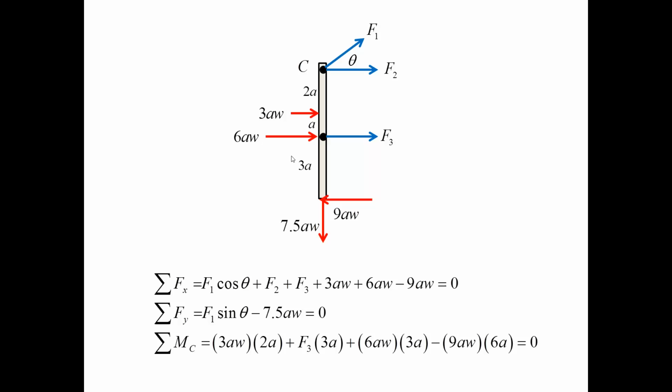In this case, I choose the point C for the moment equilibrium equations simply because it eliminates the forces F1 and F2 from that equation, and the moment equilibrium gives me the force F3.